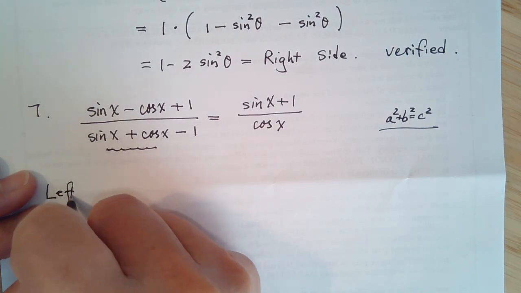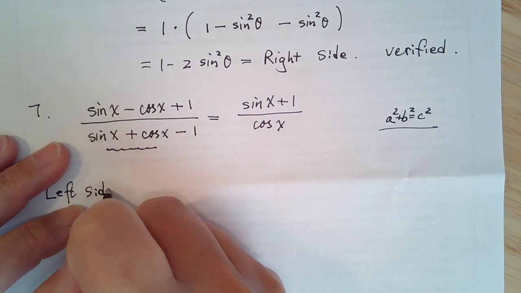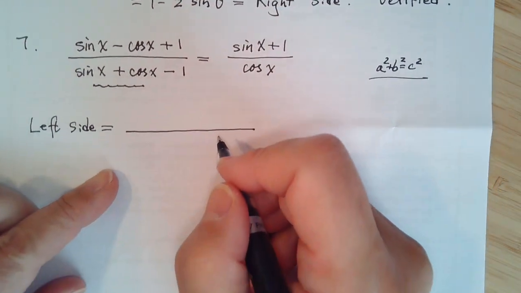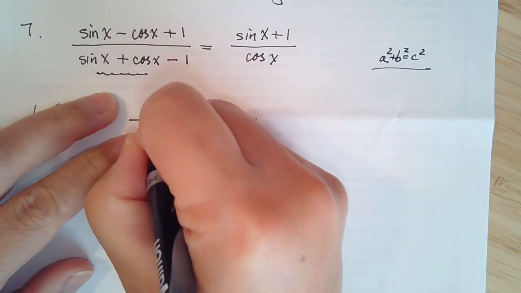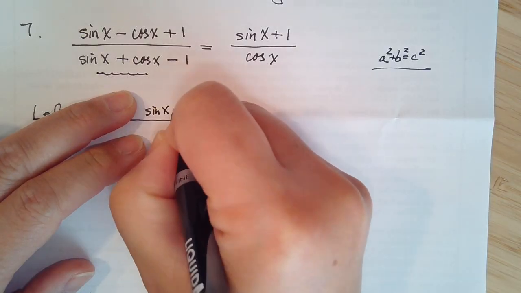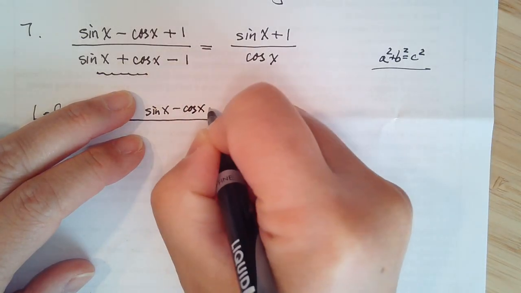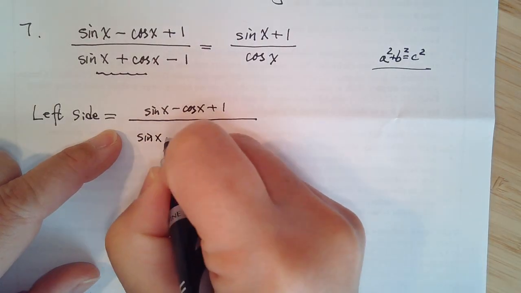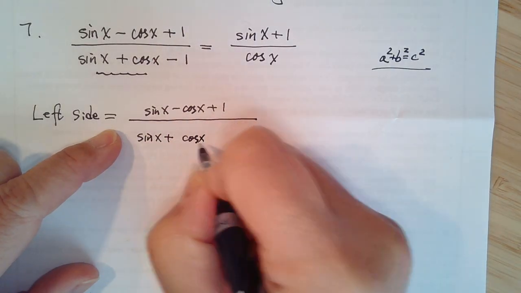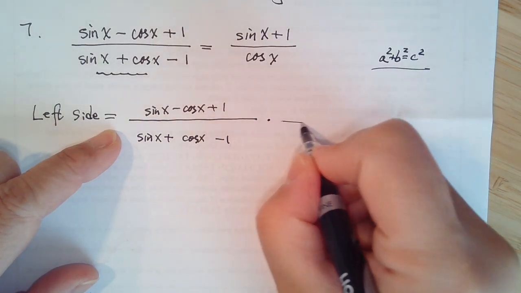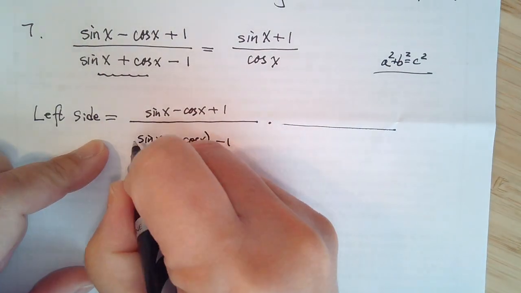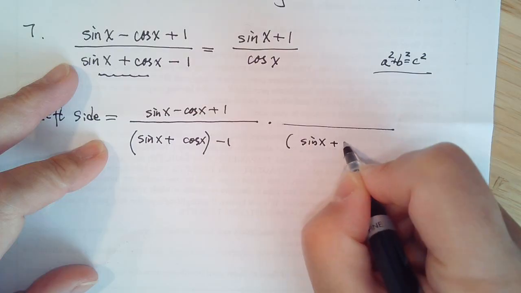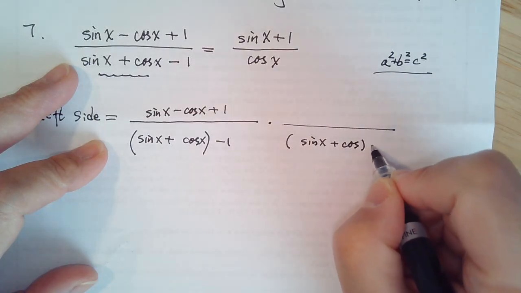Left side equals, let me copy the given part: sine x minus cosine x plus 1 over sine x plus cosine x minus 1, and then I multiply by sine x plus cosine x plus 1.